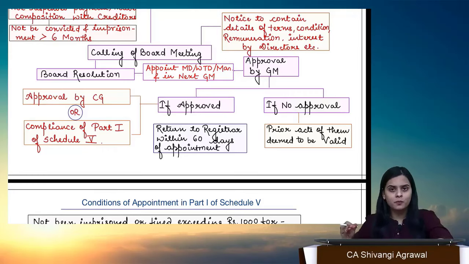So if the remuneration to this company's directors is being paid by some other company, then that is permissible. If it is a new company, then for the first 7 years it is permissible. If it is a sick company and has been referred to BIFR, then for 5 years it is allowed. If a resolution plan has been approved with respect to a company under IBC, then for 5 years it is allowed. If the remuneration is fixed by NCLT, then it's allowed.